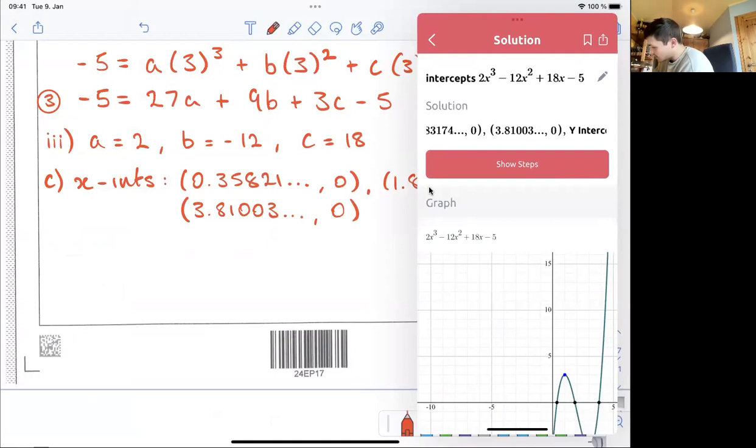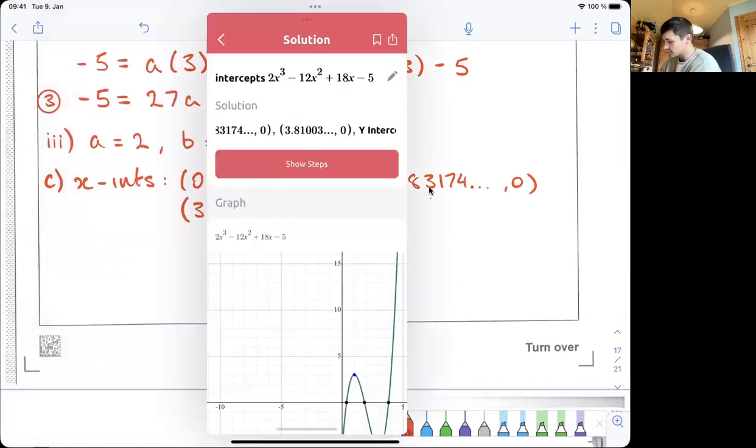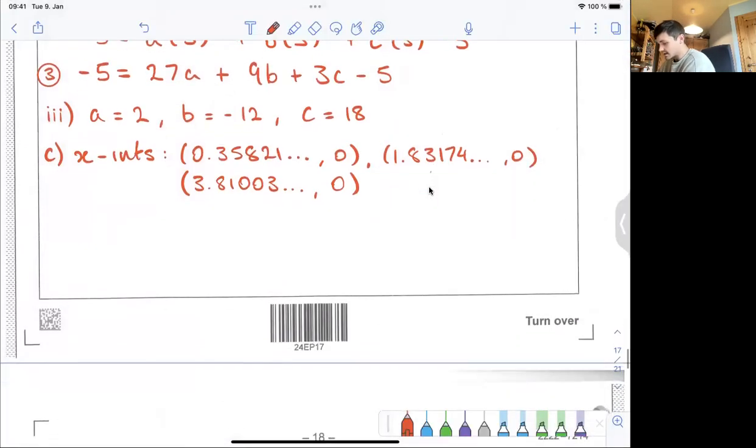We will add in the dots to that, and essentially what that means is that this number is completely unrounded. This number here is just written to the fifth decimal place, and the reason I'm writing it to the fifth decimal place is just to be overly accurate in my final answer. So there are the x-intercepts.